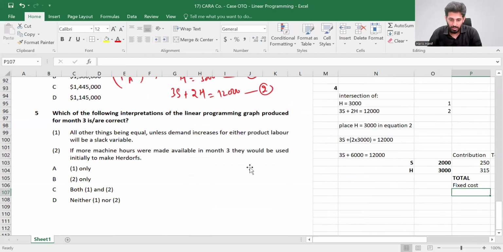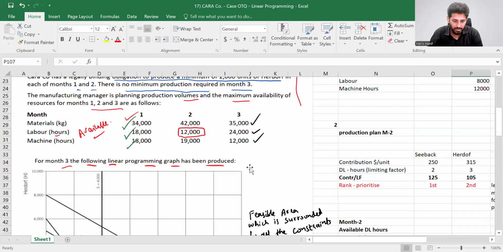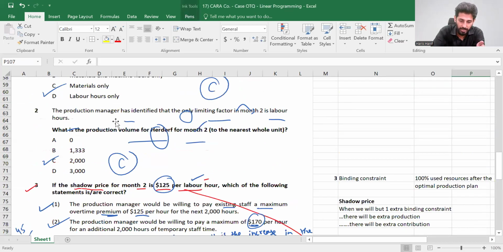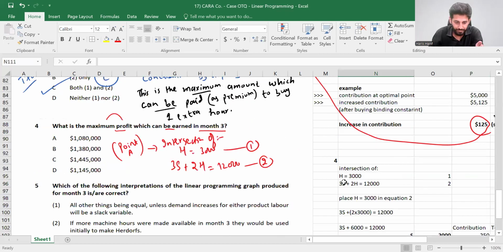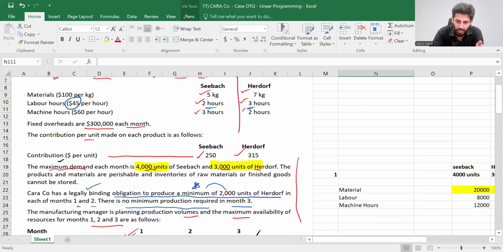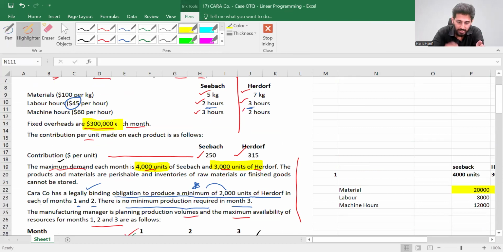And the fixed cost is 300,000. This is my fixed cost. You can see that fixed cost in each month remains fixed. This is 300,000 each month. This is the fixed overheads.